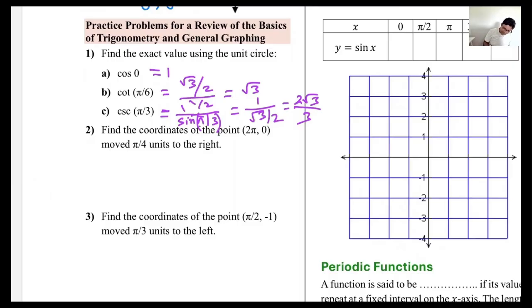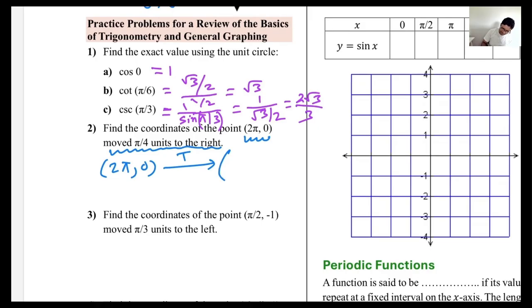What will be the new coordinates? Here you are asked to move this point 2 pi, 0 through this transformation. I'll just call it transformation T. What is the transformation? Moving it pi over 4 units to the right. What will be the new coordinates?